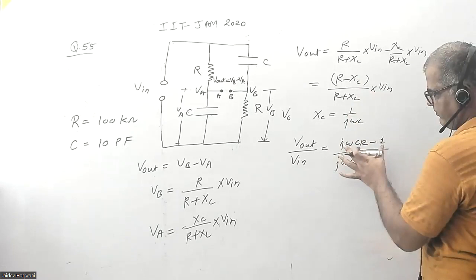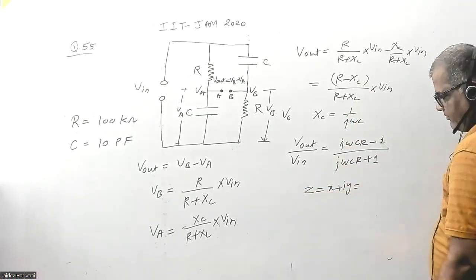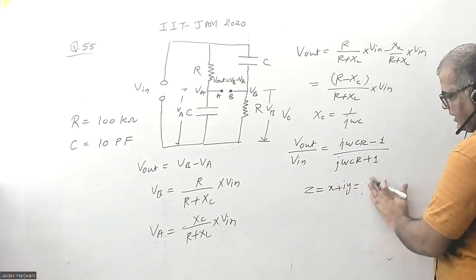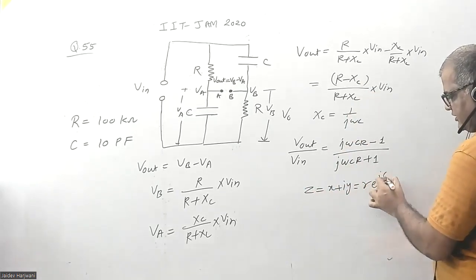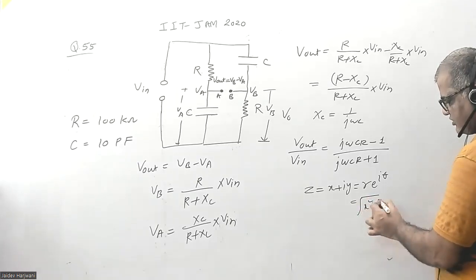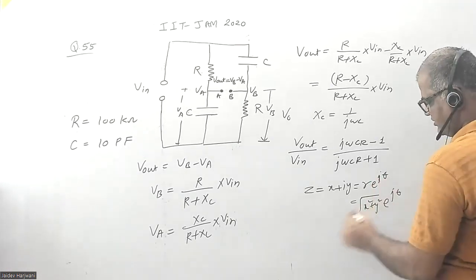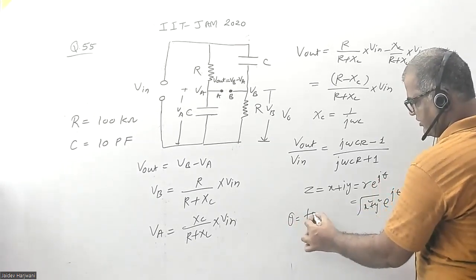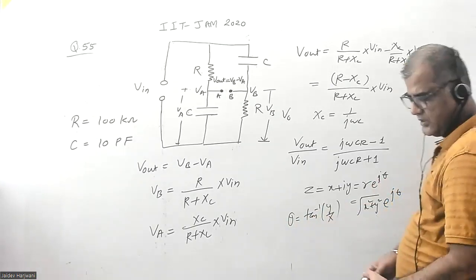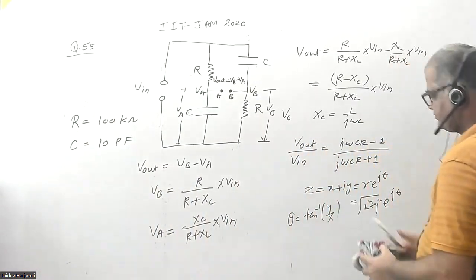I can write this complex number of the form X plus iota Y, and I can write it as a magnitude r e power iota theta, where r is the magnitude, equal to the square root of X square plus Y square, and theta is the phase, given by tan inverse Y by X.